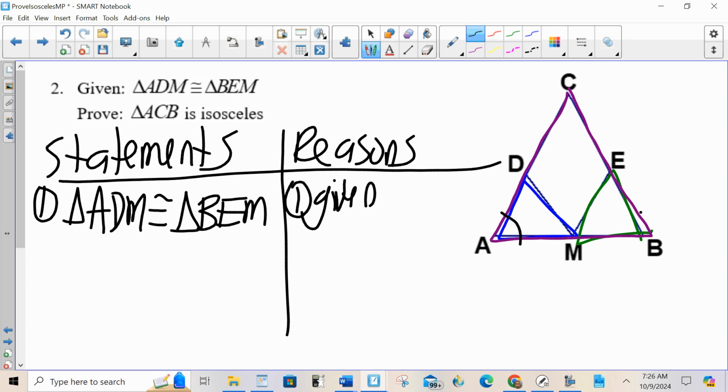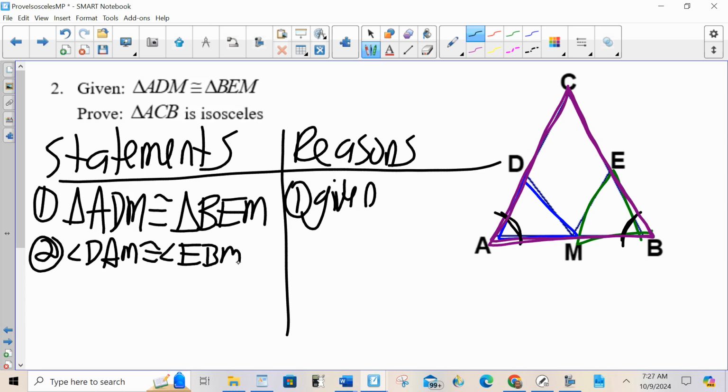This angle and this angle are corresponding angles of the blue and the green triangles, and if those two angles are congruent, that makes the purple triangle isosceles. So to prove isosceles, it might be two congruent sides, it might be two congruent angles, depending on the information you have. So since those triangles are congruent, I can state that angle DAM is congruent to angle EBM.